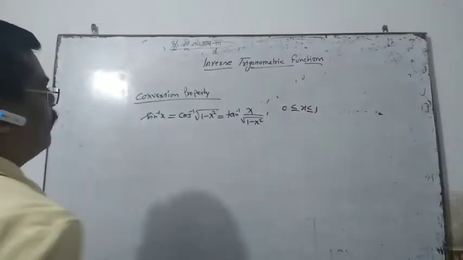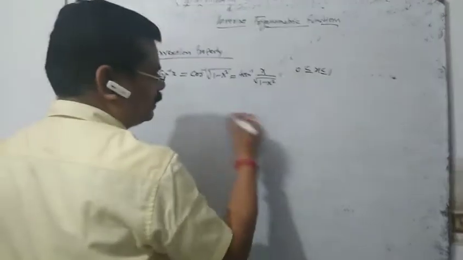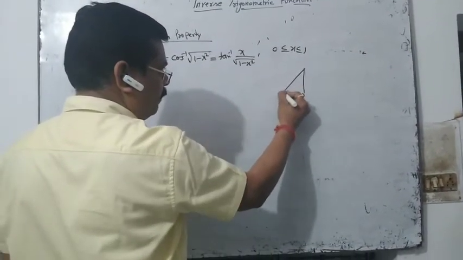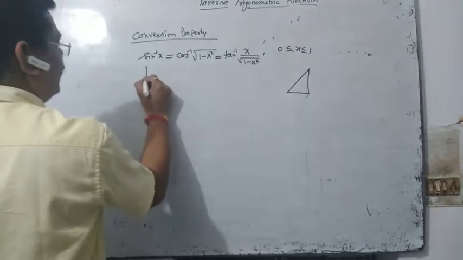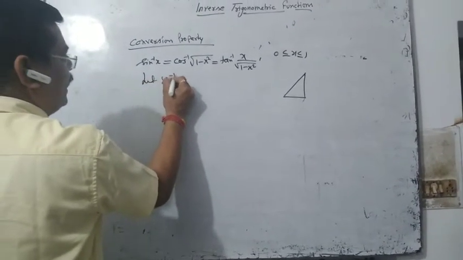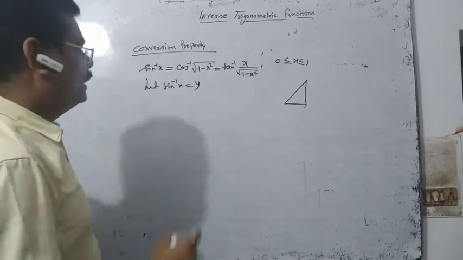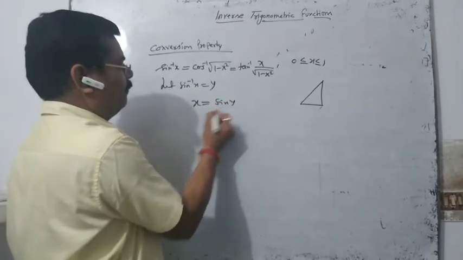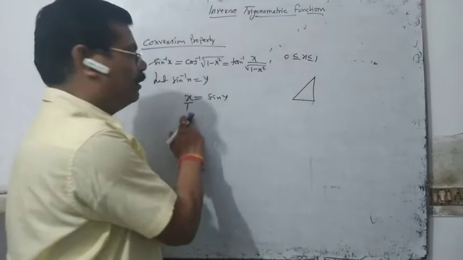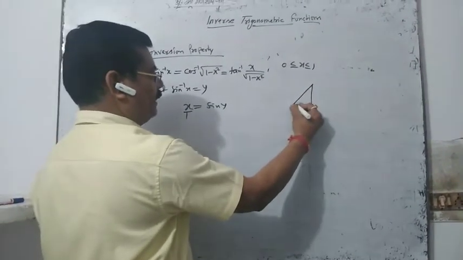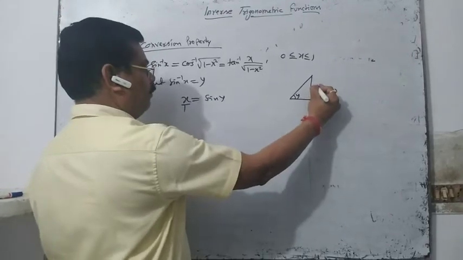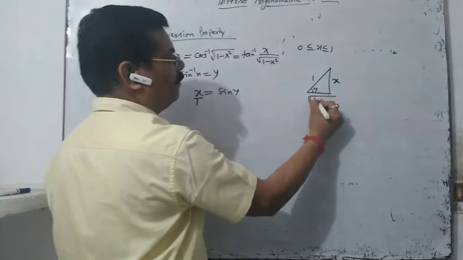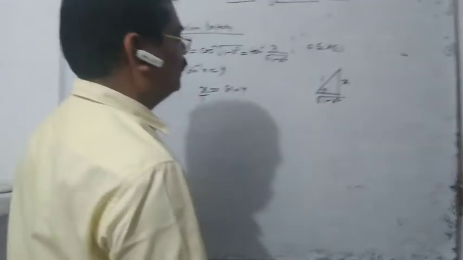The range should lie between 0 and 1. You can solve this using a simple way, the triangle method. Sin inverse x: let sin inverse x be equal to y, then x is equal to sin y. Sin is perpendicular upon hypotenuse. So here the angle is y, perpendicular is x, hypotenuse is 1 and base is root of 1 minus x square.